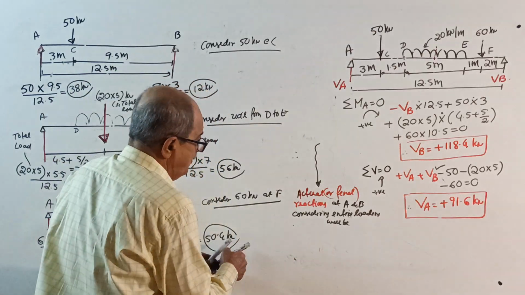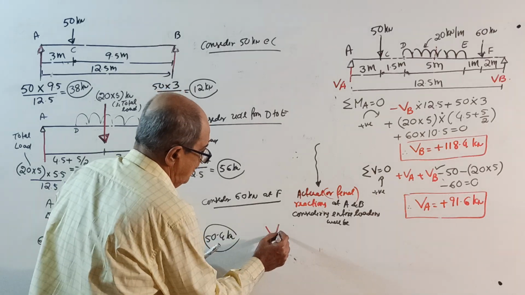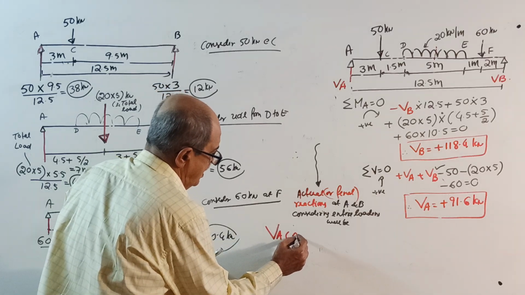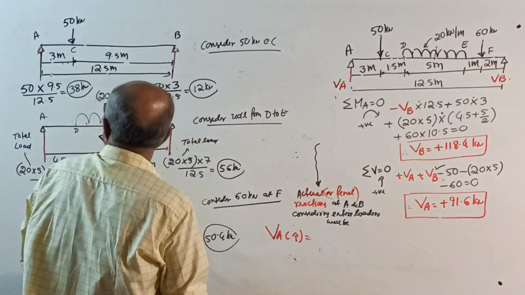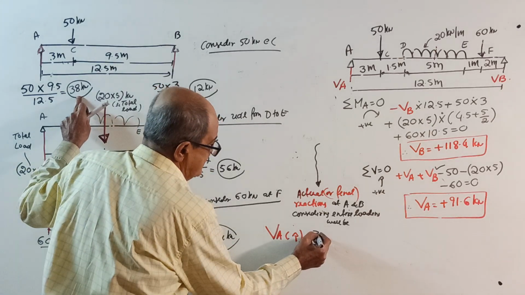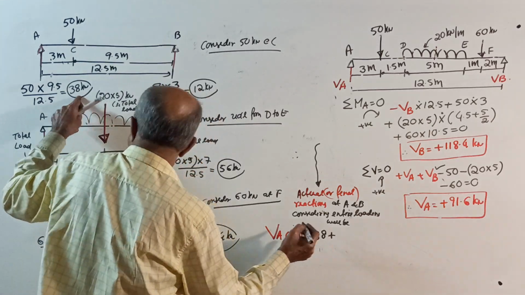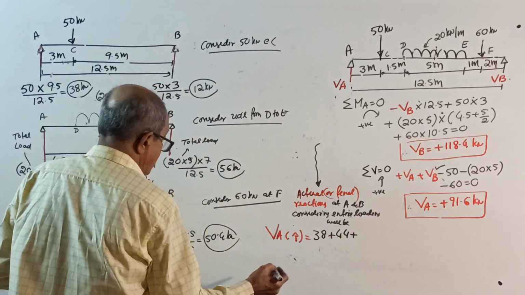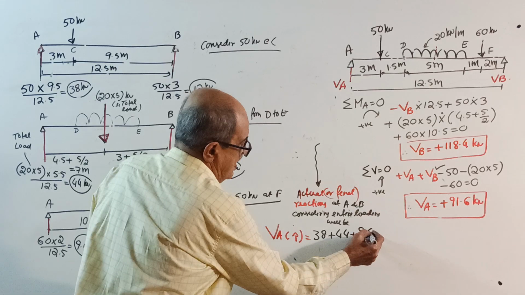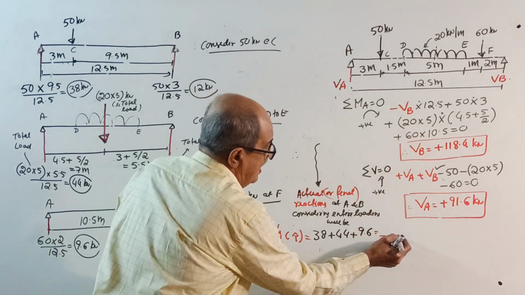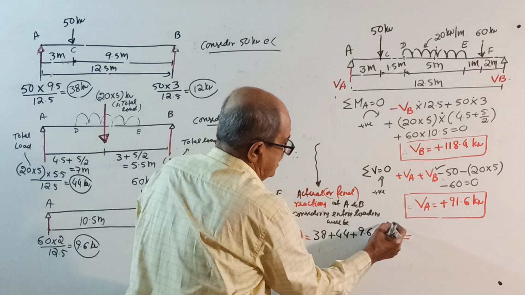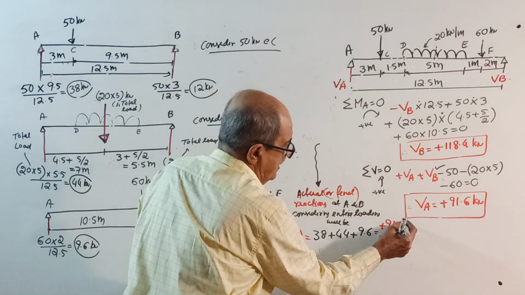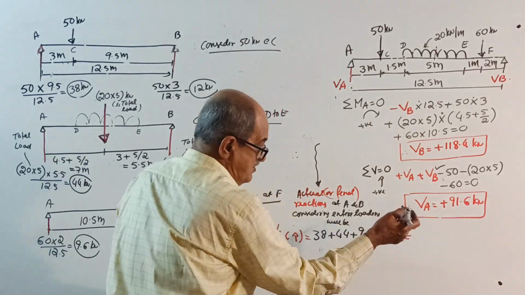So final VA, in the upward direction, equal to, see here, 38 plus 44 plus 9.6. I need not calculate. I am so sure it will come plus 91.6 kilonewton. I will check later. Okay.